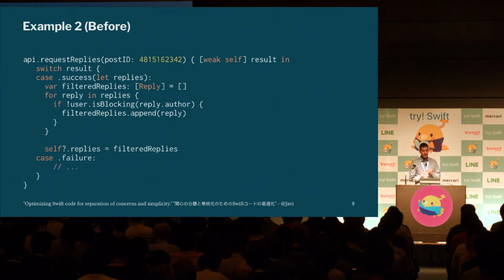I based this example on some code in our app and simplified it a bit for this example. Now, there isn't anything wrong per se with this code, but let's ask ourselves the same question again and be critical about how easy it is to read this and figure out what it's trying to do. It's not terribly hard, but there is some reading required.